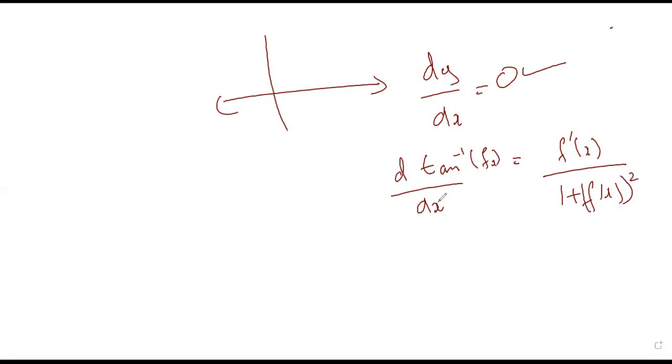But when the question looked like a trigonometric identity, or when you could see that if I replace x with tan theta, because it is tan inverse, in that case we use that trigonometric identity and then we solved it.